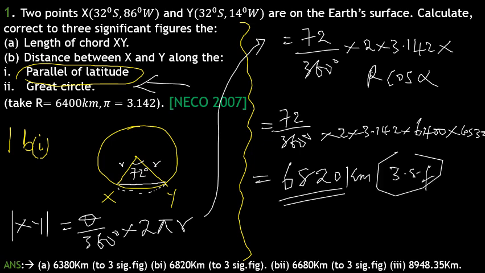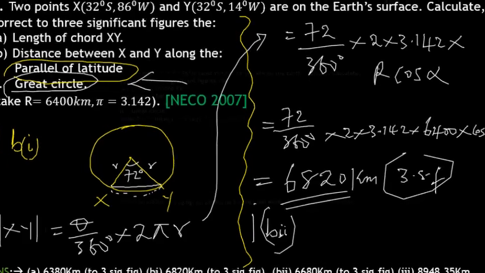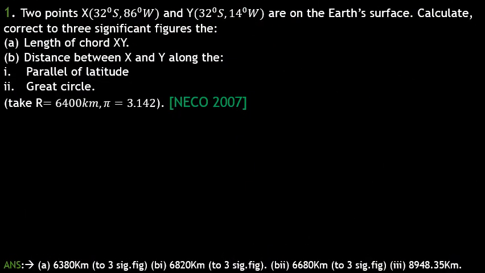Okay. All right, so number 1bii. Question 1bii now says we should find the distance between x and y along the great circle. So what are we going to do now? Let me turn to a fresh slate again.